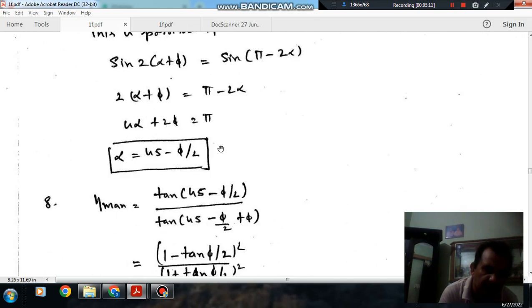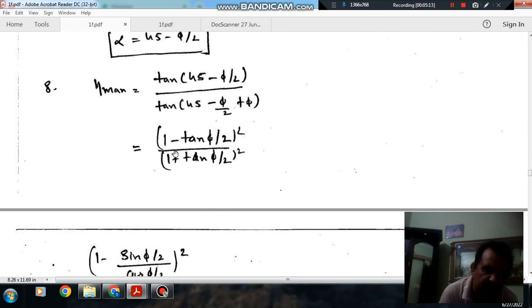If you put the value of alpha, it will be, using the formula, 1 minus tangent phi by 2 over 1 plus tangent phi by 2, and in the denominator 1 plus tangent phi by 2 over 1 minus tangent phi by 2, which can be written as 1 minus tangent phi by 2 square divided by 1 plus tangent phi by 2 square.